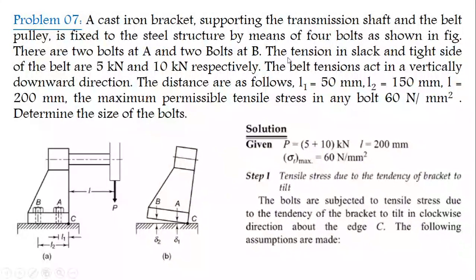The tensions in the slack and tight sides of the belt are 5 kN and 10 kN respectively. They are giving the tension in the slack and tight side. Because of this load, this is the tight side, this is the slack side.